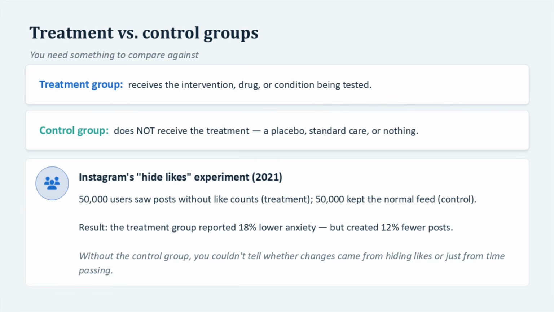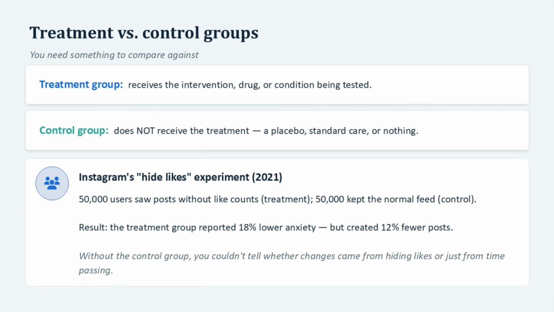Another 50,000 users continue seeing Instagram normally, with the like counts visible. That's the control group. So, what happens? Suppose the users who could not see the like counts reported 18% less anxiety about their own posts. But interestingly, they also posted 12% less overall.